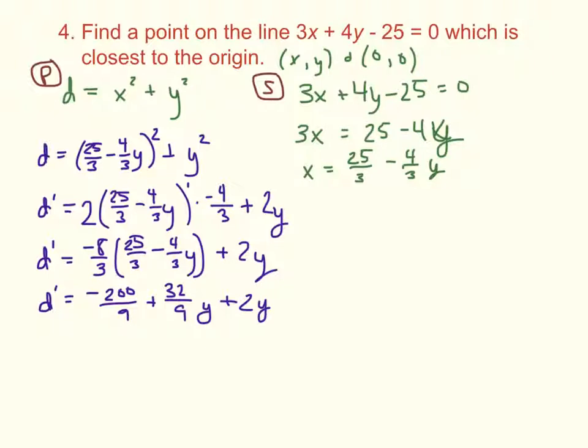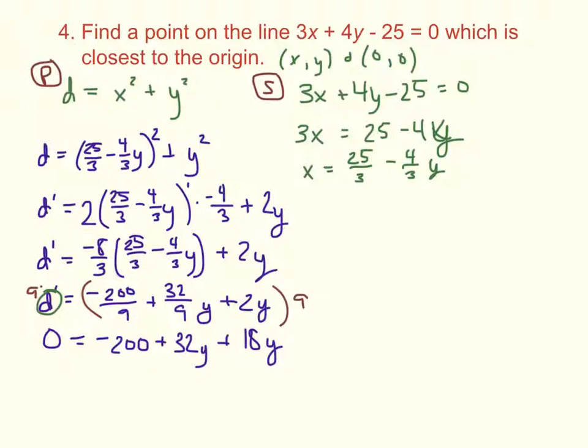I'm going to change that d prime to a 0. Now this is a crazy equation, but it's just a linear equation. I want to get rid of all those fractions, so I'm going to multiply both sides by 9, a common denominator. On the left-hand side, I would still have 0. But on the right-hand side, it's going to clean up nicely: -200 + 32y + 18y.